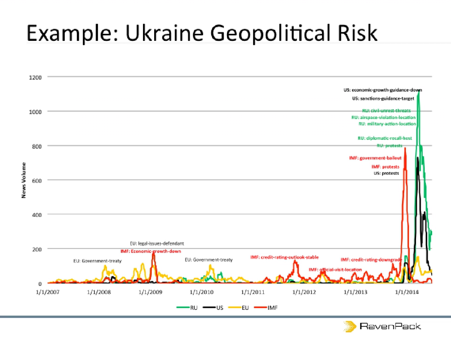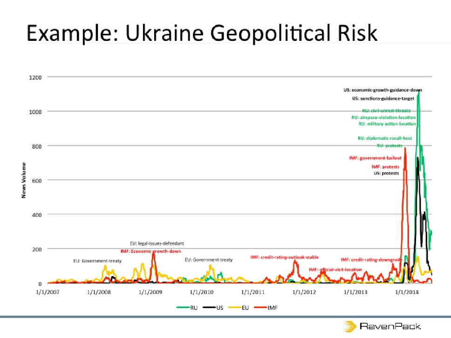But while the events driving the US-Ukraine relationship were much more passive, including sanction guidance and economic guidance, the events driving the conventions between Ukraine and Russia were much more aggressive, including protests, military actions, civil unrest, diplomatic recall, and airspace violations. Hence, tracking convention relationships can be a good way of identifying changes to the geopolitical landscape.